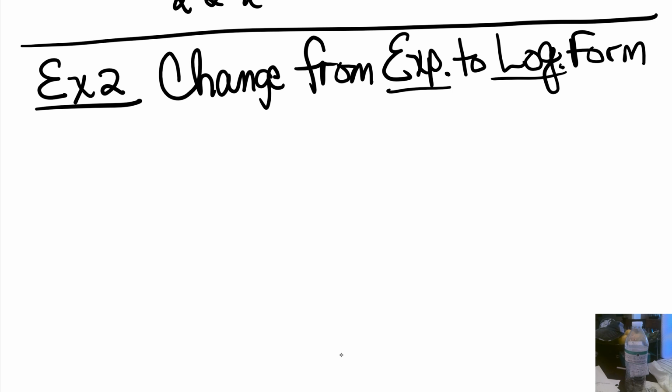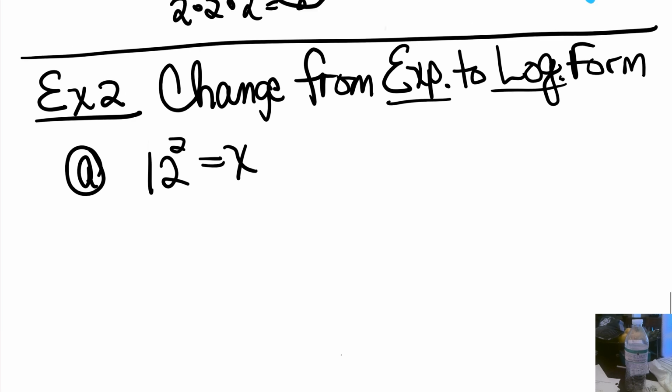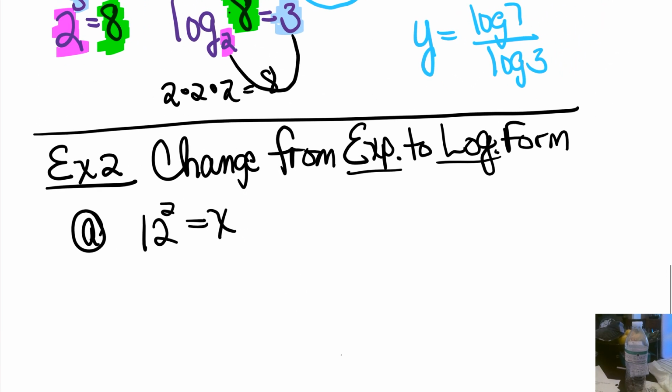Since we're going to do that for a, in a, again, we have 12 raised to the second equals x. I'm going to bring this down just a little bit to remind you of how I did that. If you follow the color pattern, you will see that this is exponential, and I want to go from exponential to logarithmic.